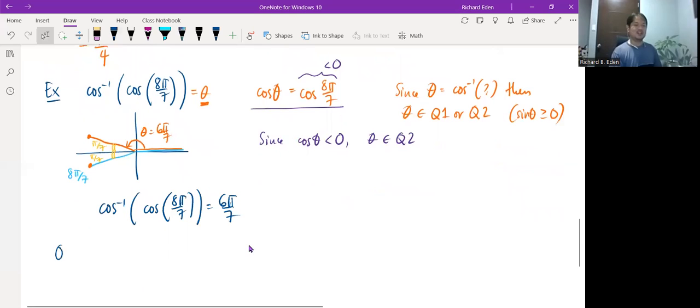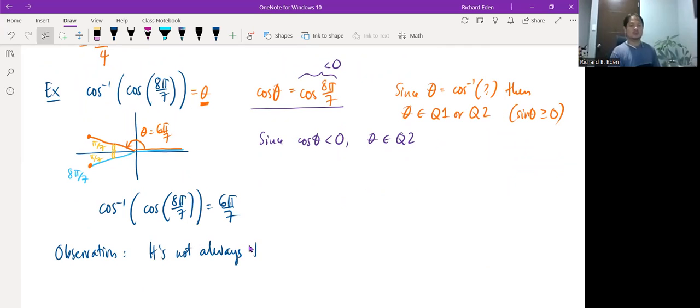Okay, so observation. It's not always true that cosine inverse of cosine x equals x, or that sine inverse of sine of x is always going to be equal to x.